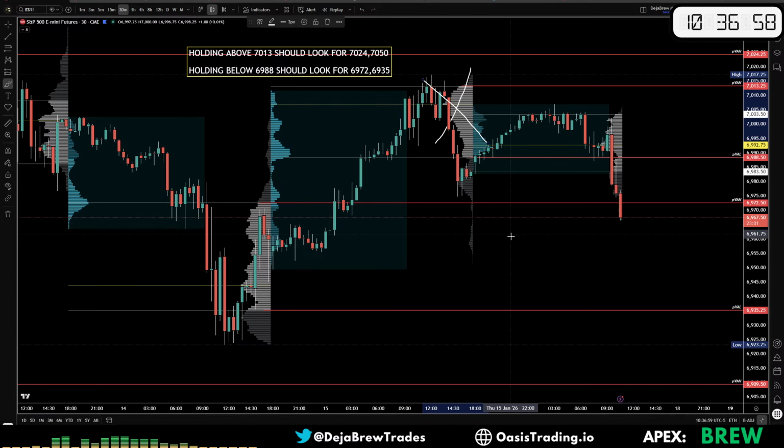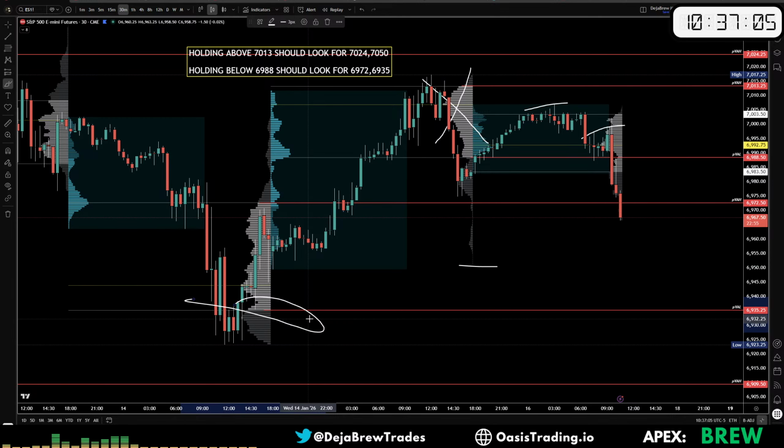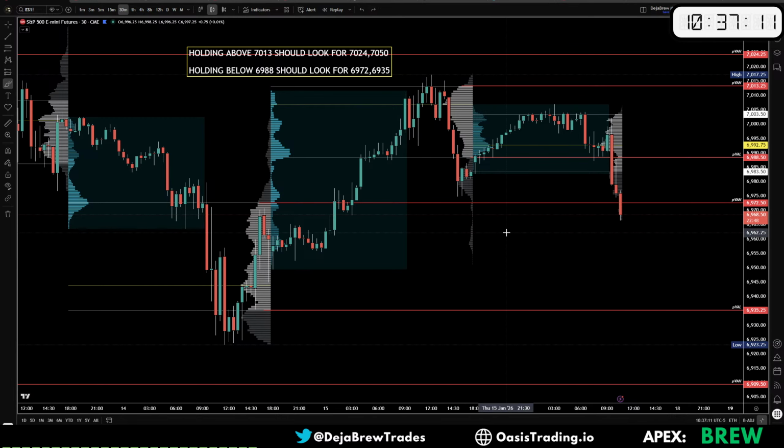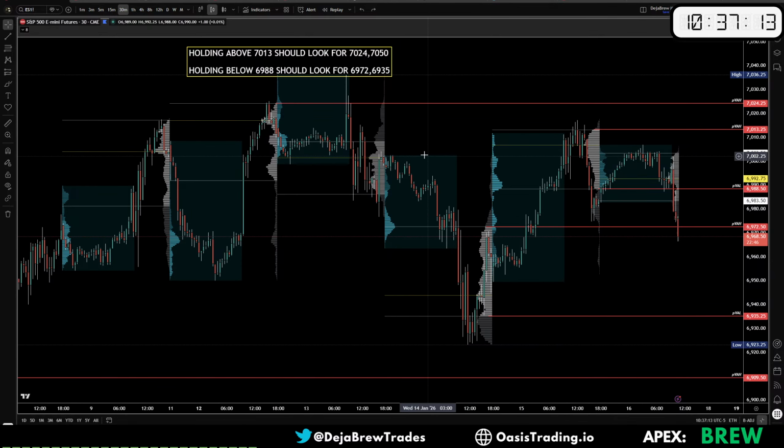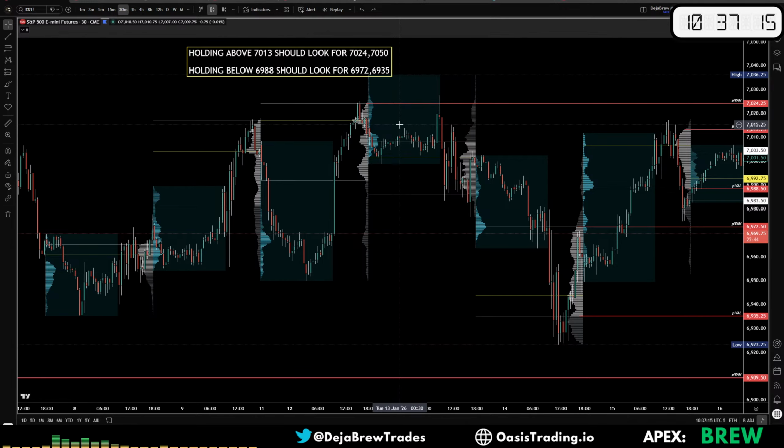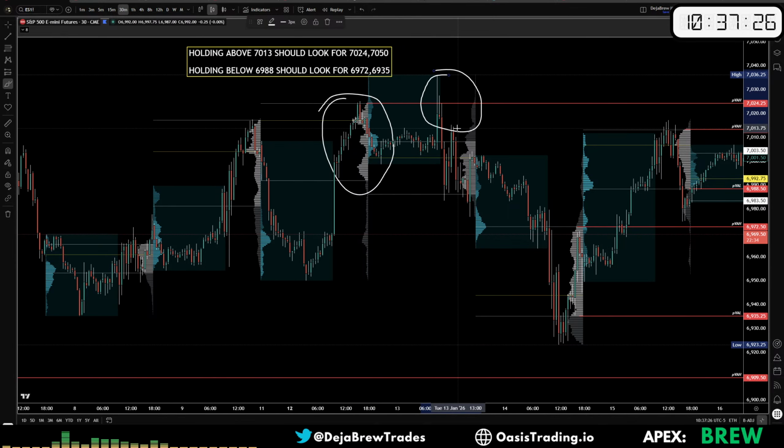Same thing here, upper value, they don't care about. Lower high, lower high. Watch that lower tail, and then watch that retrace as well. Nearly identical to what we did on Monday, Tuesday. Built up value, tried to go higher.